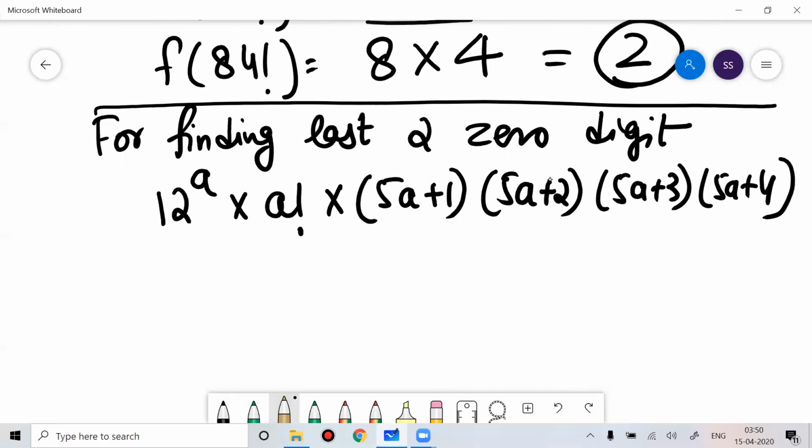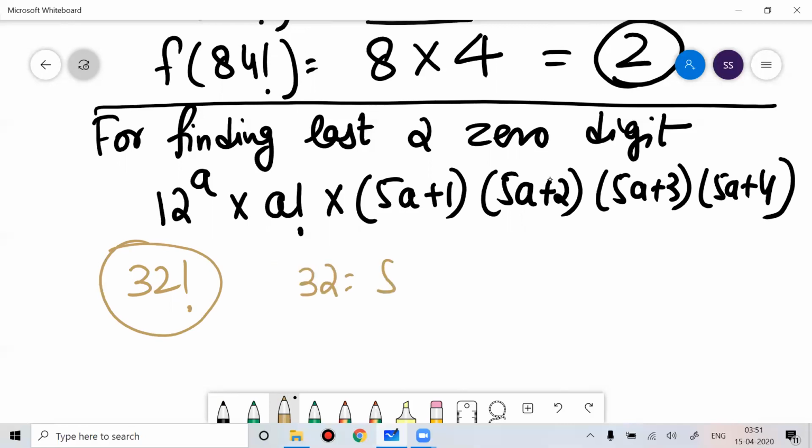Suppose, just for example, if anybody is confused with what I'm doing with this 5a, suppose your number is 32 factorial. You can write 32 as 5 into 6 plus 2.